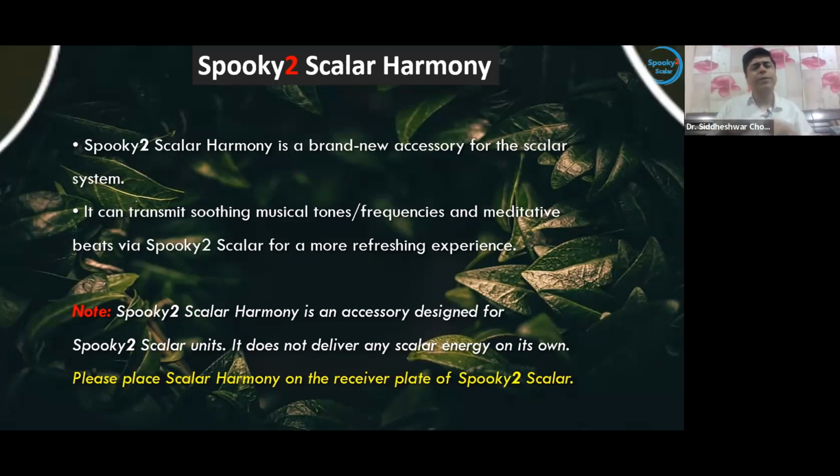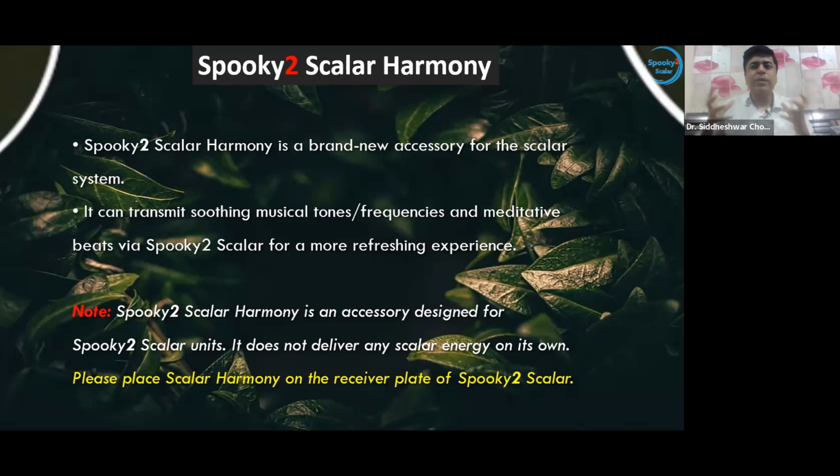Transferring frequency using the Rife scalar mode, say transferring 528 hertz frequency directly to your body, is fine. It makes me happy. But what makes me even happier is listening to music which is 528 hertz tuned.